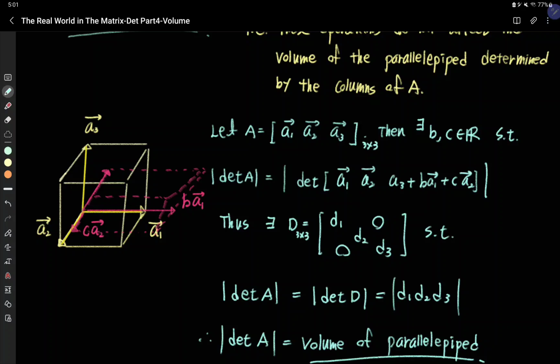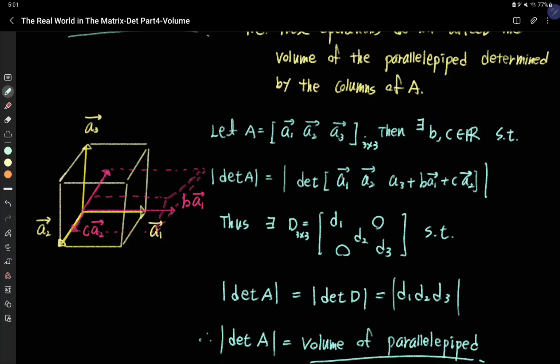Then what's the determinant of the matrix D? It is D1 times D2 times D3, right? So the absolute value of D1, D2, D3 must be equal to the absolute value of the determinant of A. But what is this? This is the volume of the parallelepiped, right? So the determinant of matrix A is nothing but the volume of the parallelepiped.